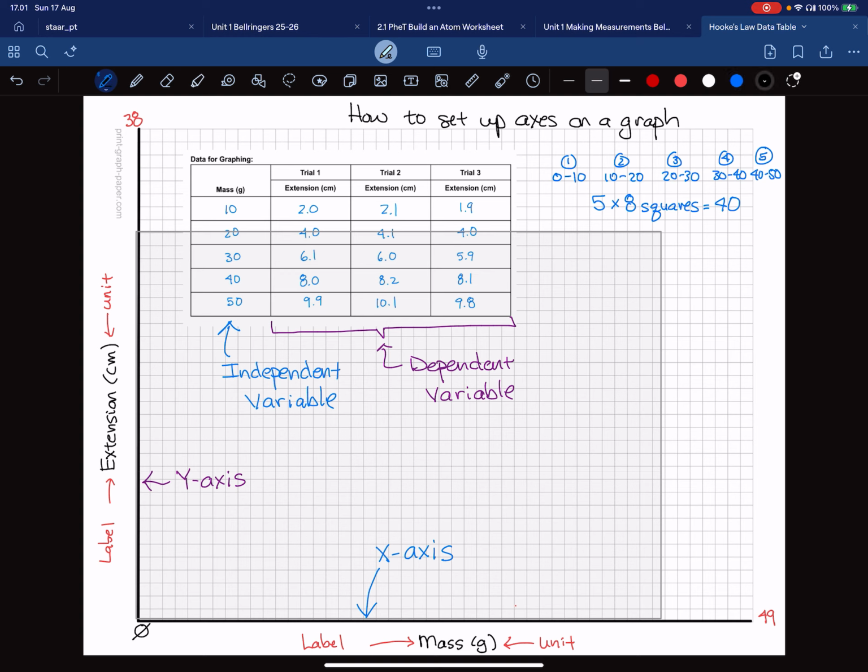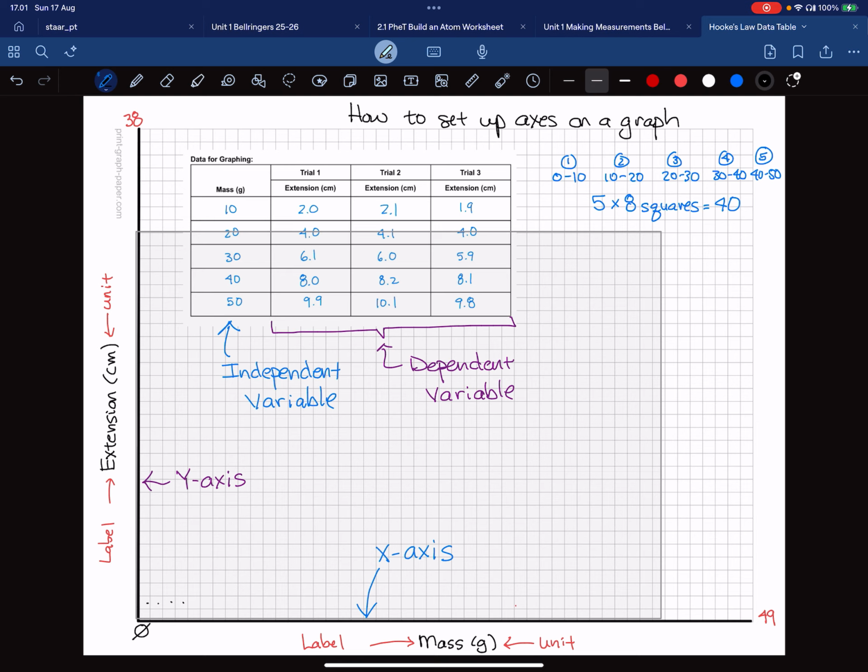I'm going to put in 8 squares. So I'm going to do 1, 2, 3, 4, 5, 6, 7, 8. I'm going to put my first mark right there.